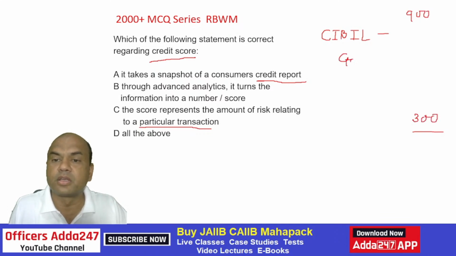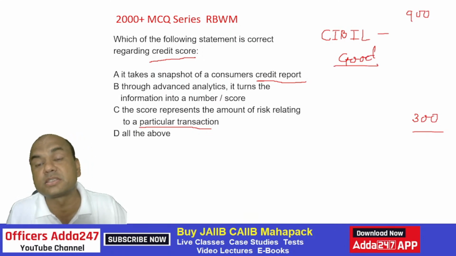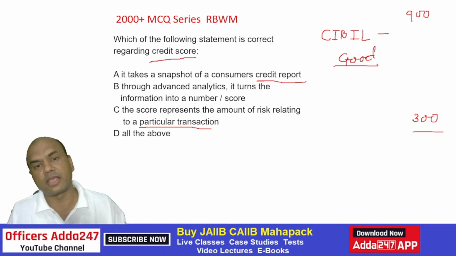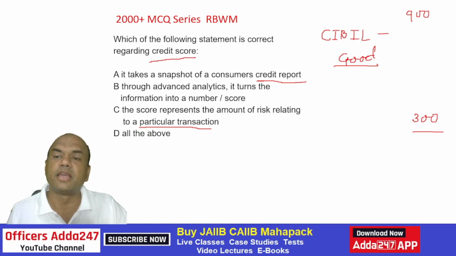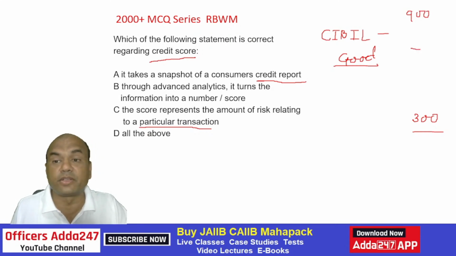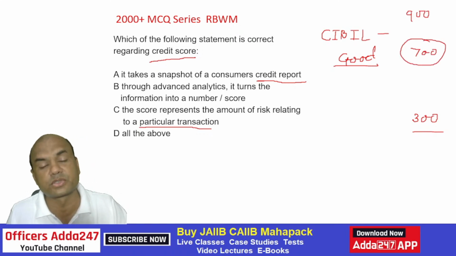Now the definition of good is different for each and every bank, but generally, which score is considered good in banking? Any score above 700 is considered a good score.